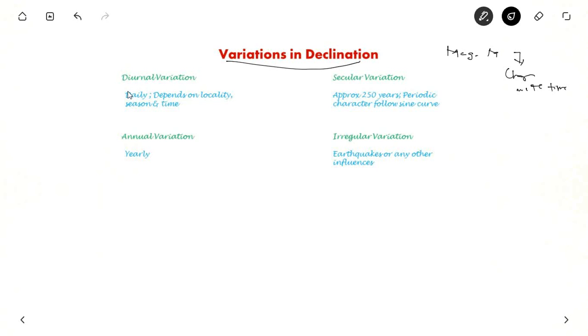Diurnal variation means it varies daily. It depends on the locality, season and time. The variation is more in day than in night, and more in summer season, and also towards the magnetic poles, that is north and south pole, the variation is very high.